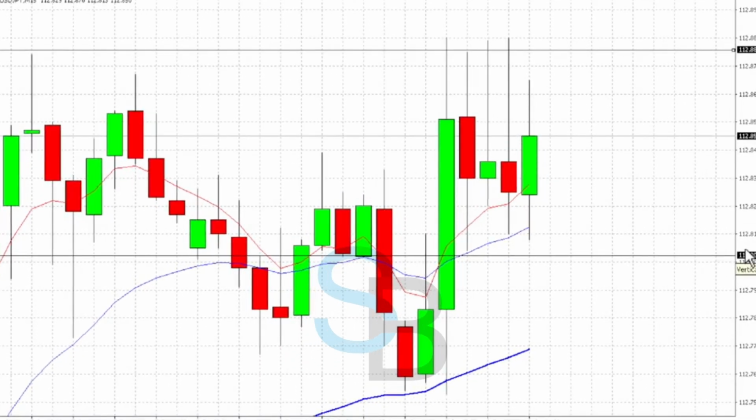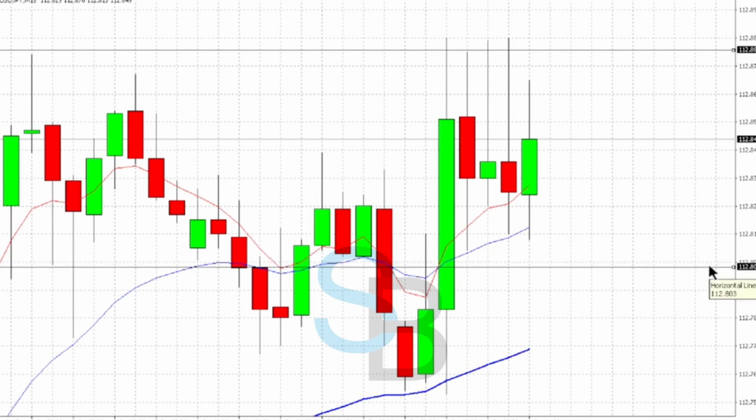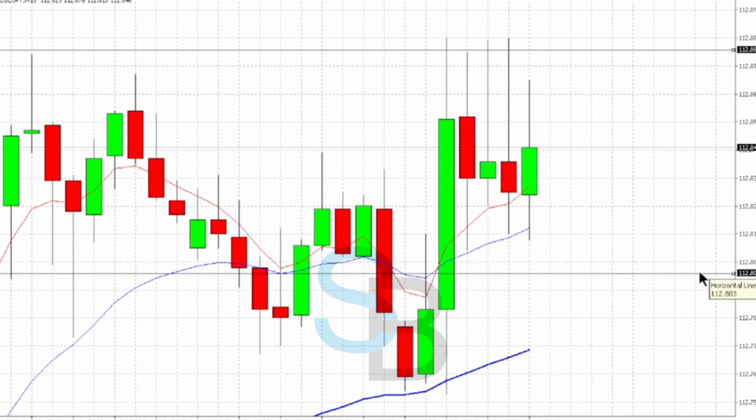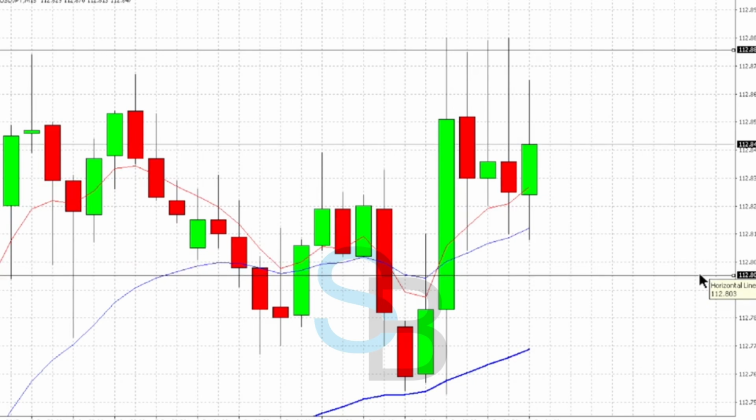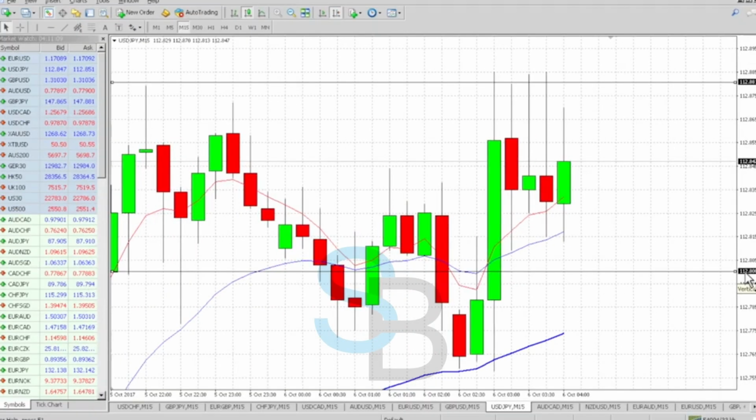So 112.88, 8 pips away is 112.80. So we're going to put it 112.80. There we go. All right, so that is our stop loss. It's our profit target, and we are 8 pips away. So our profit target must be 12 pips away.